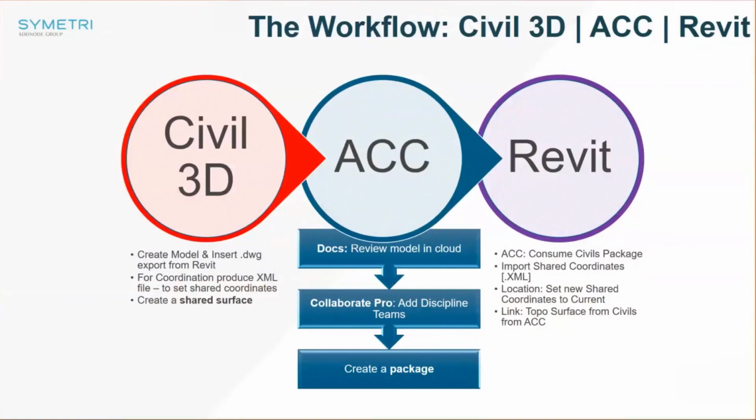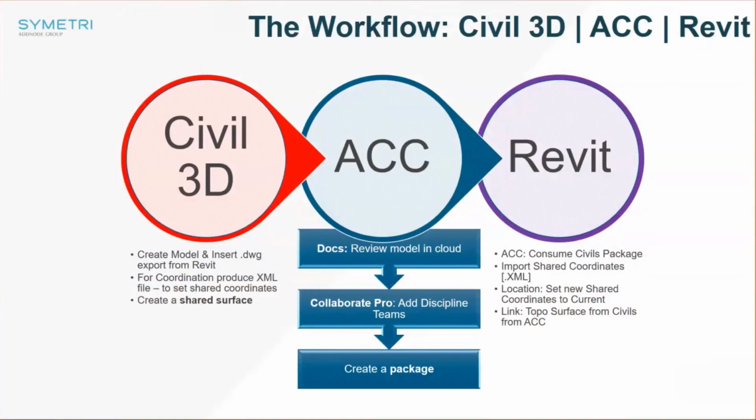In a nutshell, within Civil 3D, we've got a model that has been created and a DWG that has been brought into the Civil 3D platform from a Revit model. So a DWG was extracted from Revit and brought into Civil 3D.